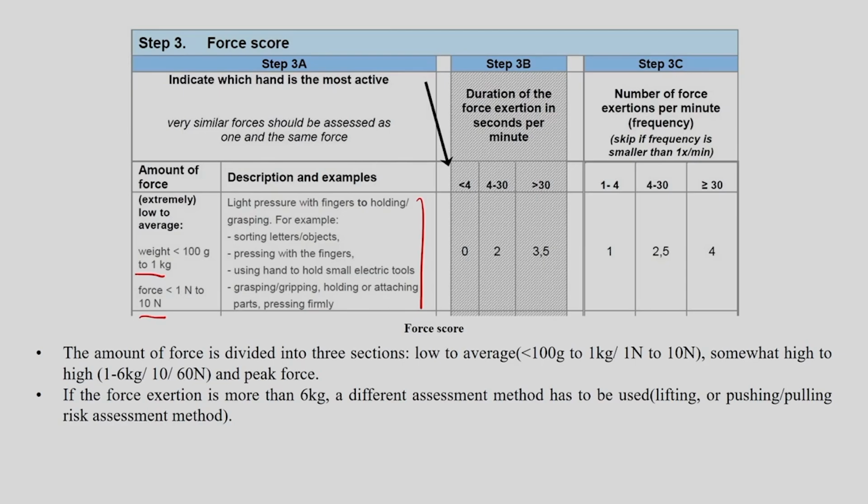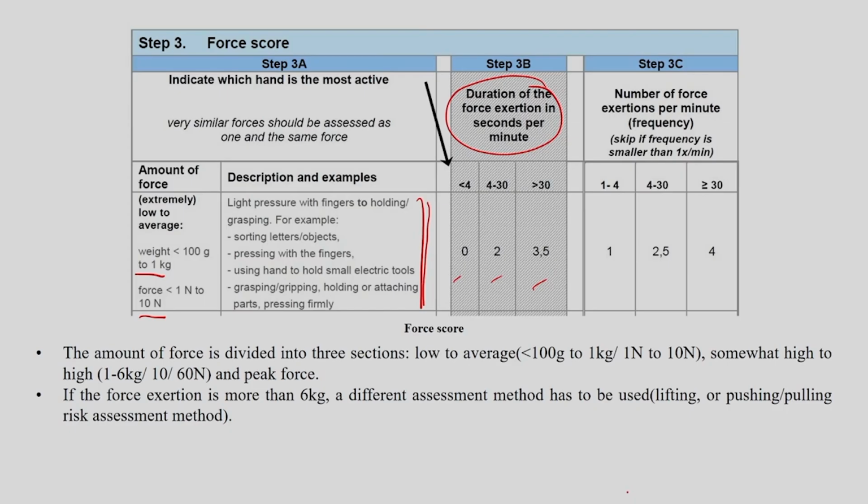All such activities will be considered. Next is step 3B, the duration of force exertion in seconds per minute. If it is less than 4, then it is 0; if it is 4 to 30, then 2; if it is more than 30, then it is 3.5.